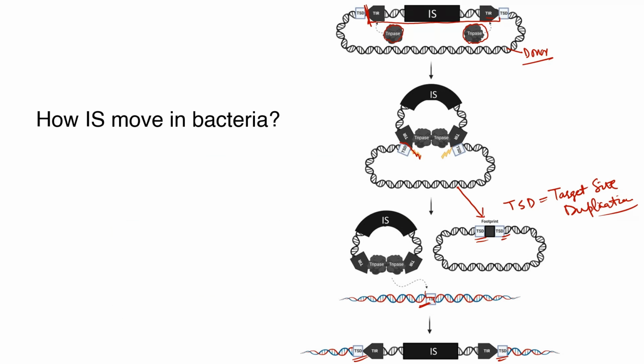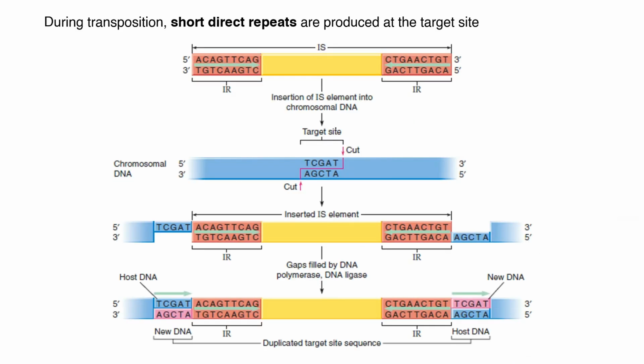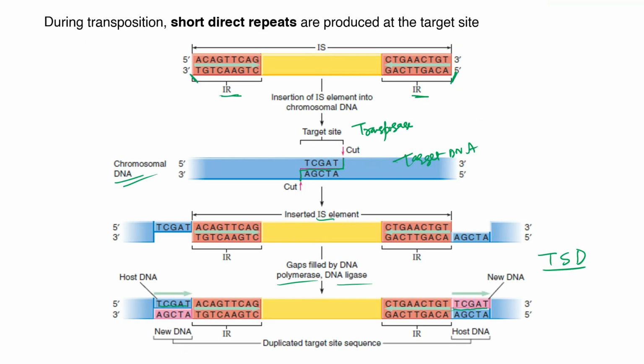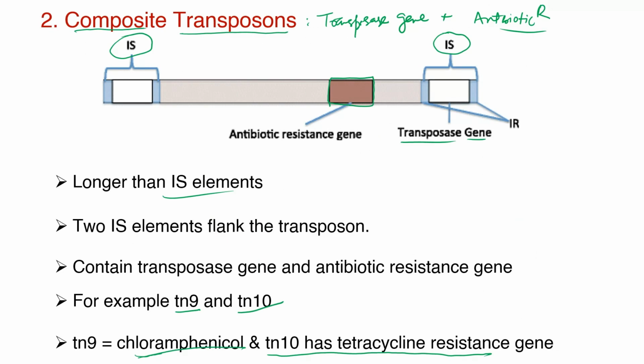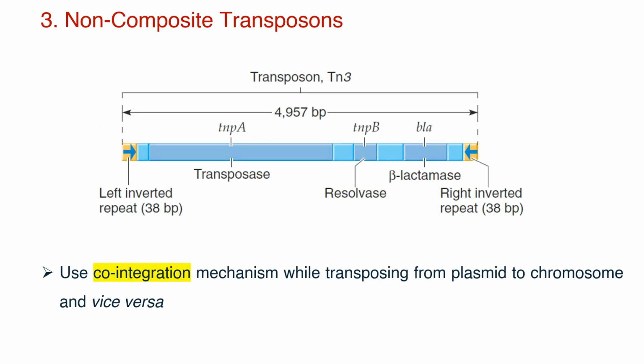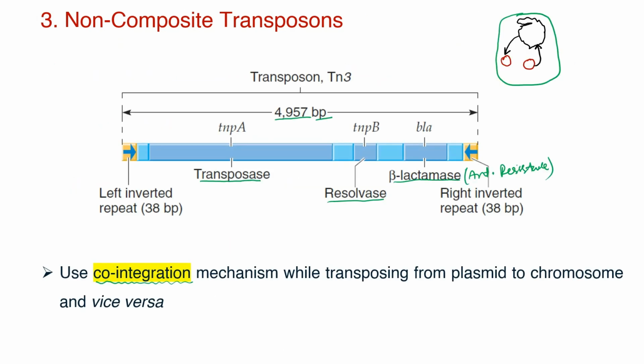So this mechanism is non-replicative. These are the main three types of transposable elements in bacteria: insertion sequences, composite transposons, for example Tn9 and Tn10, and non-composite transposons, for example Tn3, which transposes by the cointegration mechanism.